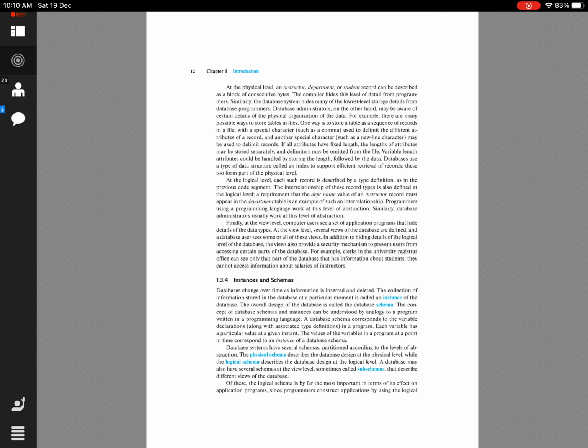But a database schema corresponds to a variable declarations along with associated data types in a program. It means that when you are developing an application, inside the application as one of the data type, there is a schema file including the content of the design of the database.